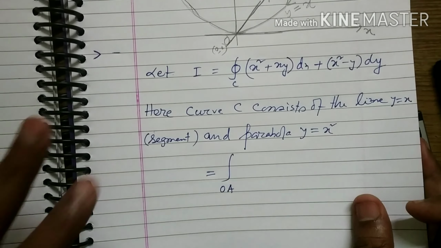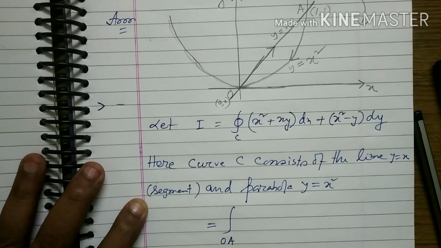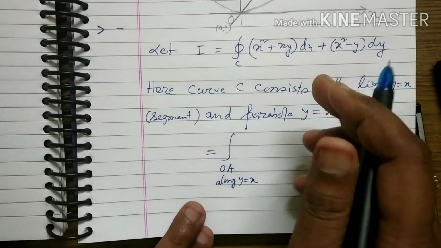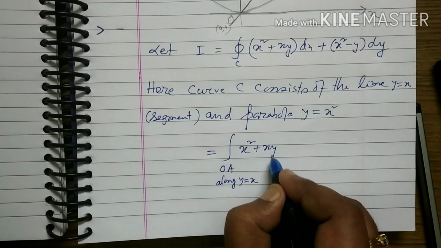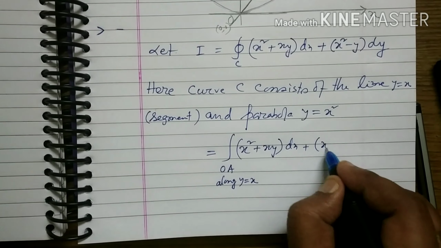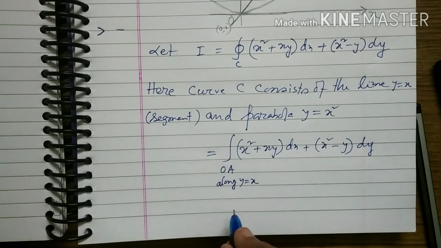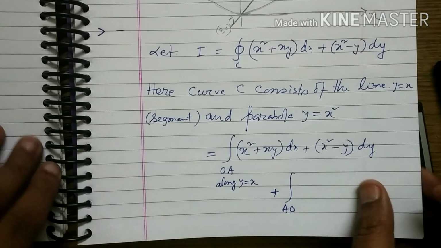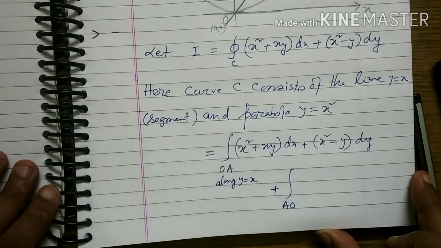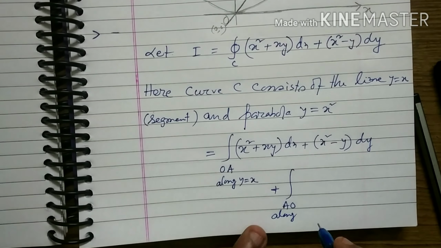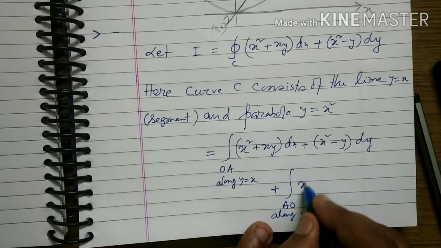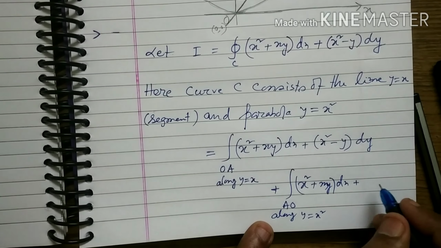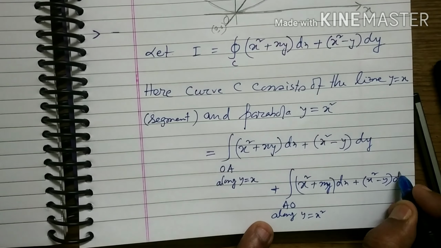On the basis of that we can divide I equals the integral along OA, this to this, along y equals x, of x square plus xy into dx plus x square minus y into dy, plus AO, this to that, along y equals x square, of x square plus xy dx plus x square minus y dy.